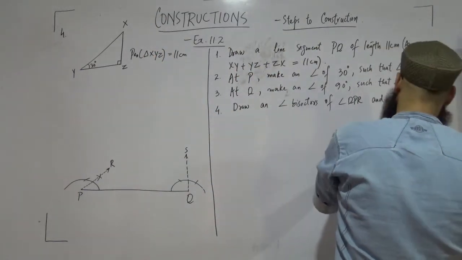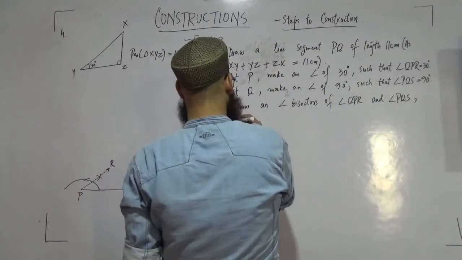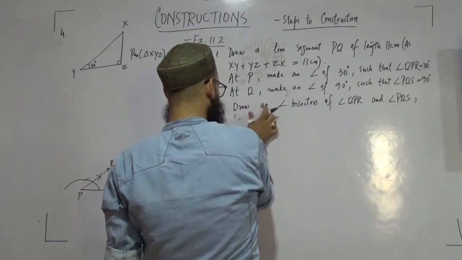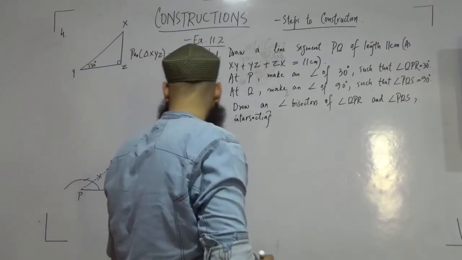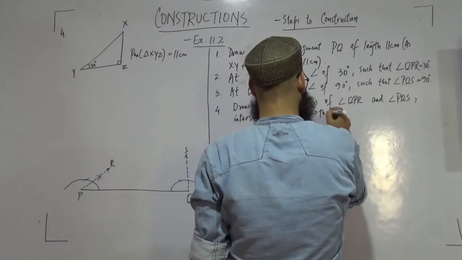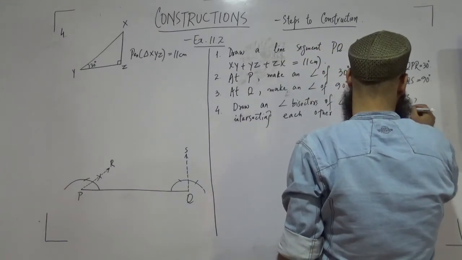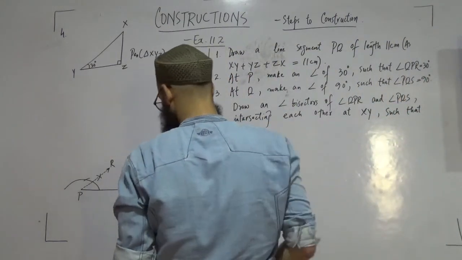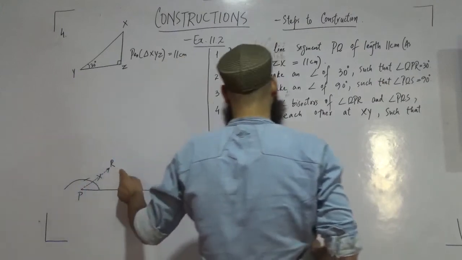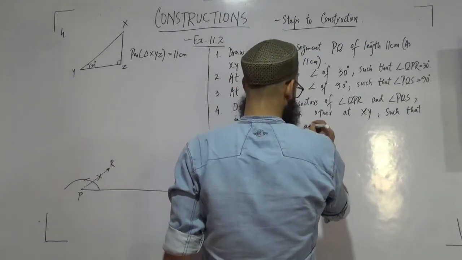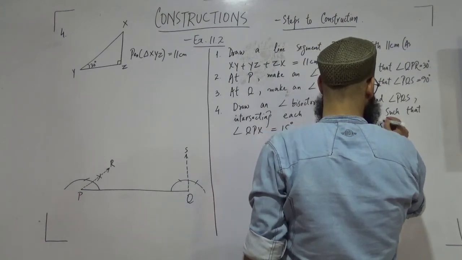Draw angle bisectors of QPR and angle PQS intersecting each other at X such that angle QPX is equal to 15 degree and angle PQX is equal to 45 degree.